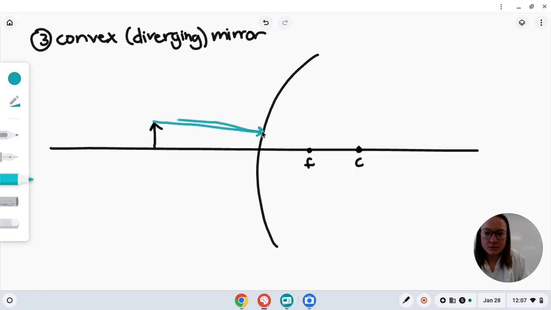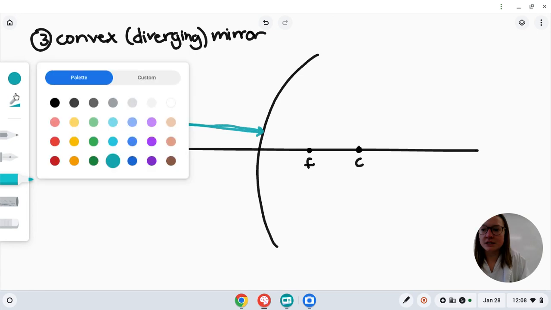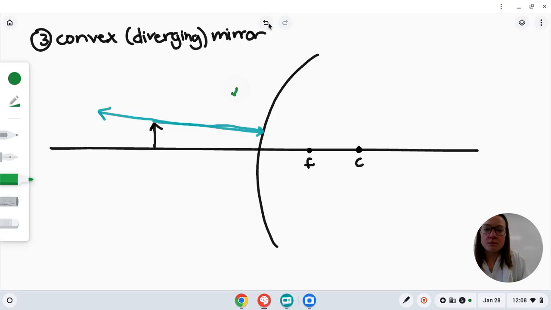Our second rule says that a ray that goes through F will reflect back parallel to the optical axis. Well, once again, if I try to make a little light ray that goes through F, it's not going to make it there because there's a big old mirror in the way.